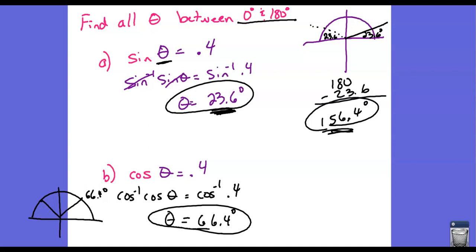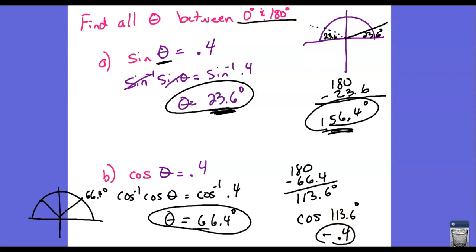Another way to look at this is, I'm not saying to do this, but if you did this, 66.4 degrees, you're going to get 113.6 degrees. And if you took cosine of that, that would actually give you negative 0.4.